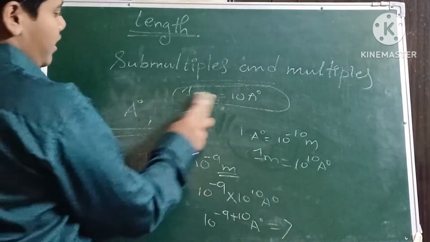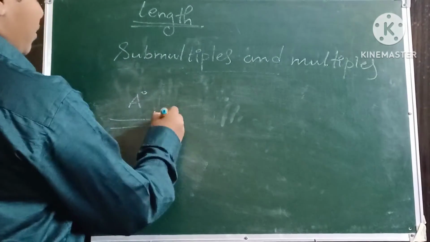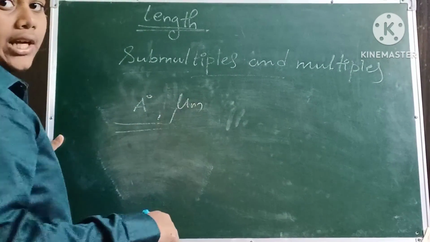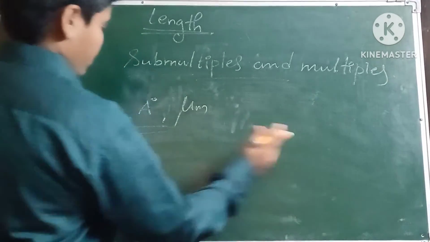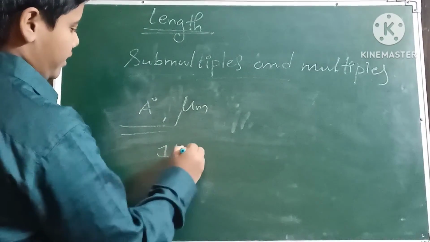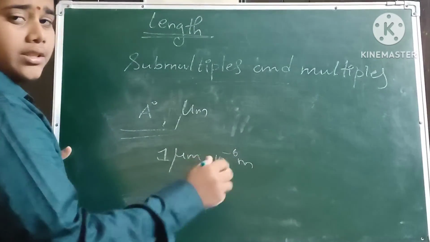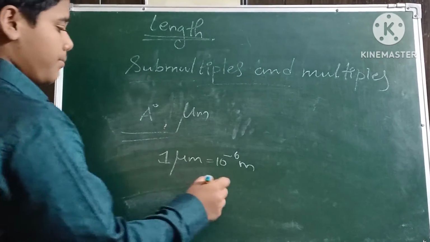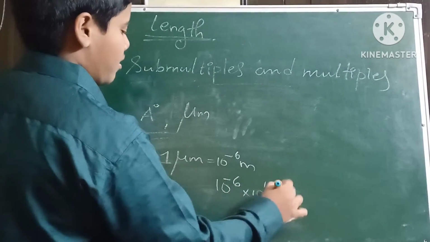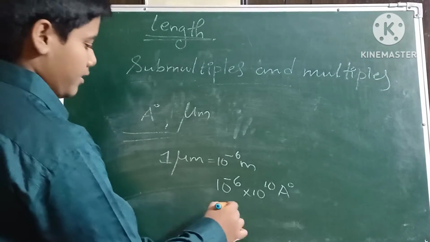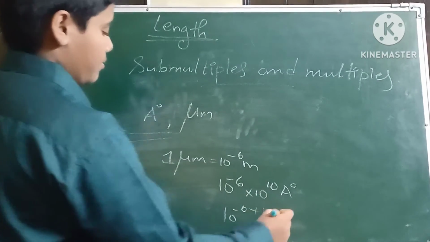So what is the relation between micrometer and angstrom? We already know that 1 micrometer is equal to 10 to the power of minus 6 meters, and 1 meter is equal to 10 to the power of 10 angstroms. So 10 to the power of minus 6, product rule, plus 10 angstroms.